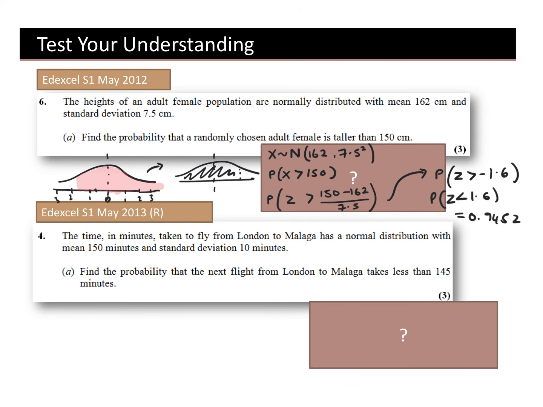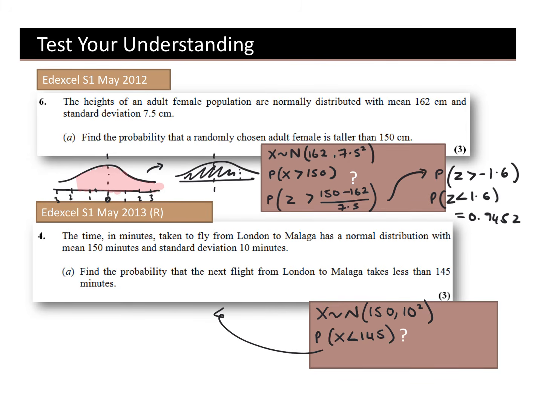The time in minutes taken to fly from London to Malaga has a normal distribution with a mean of 150 and a standard deviation of 10. Find the probability that the next flight from London to Malaga is less than 145 minutes. Okay, so to find the probability that this is less than 145 minutes, I'm going to use my standardisation.